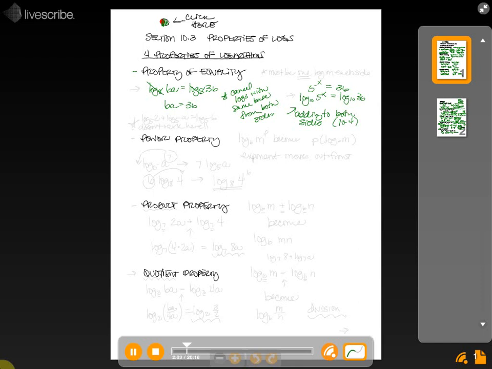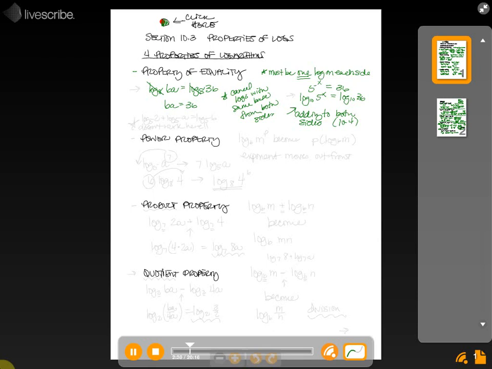Now there's one other thing you need to remember, and it's that there must be one and only one log on each side. Alright? You can only have one log on each side of the equal sign. If there are more than one, and this is a common mistake, you're going to have to use the rest of your properties to combine them. You have to get down to one log on both sides.